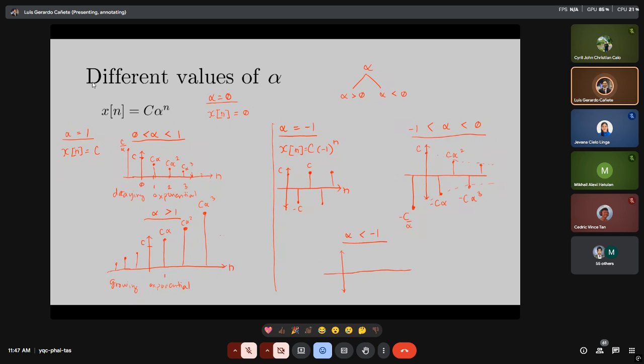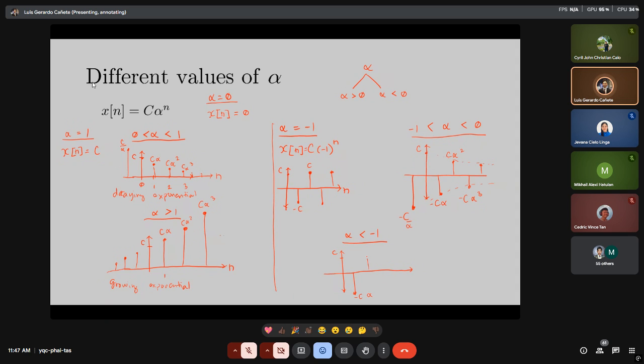If the value here is going to be c, remember that alpha is going to be greater than c. So the value right here is going to be bigger in magnitude at least, but of course the negative sign is going to cause this to become negative c times alpha.